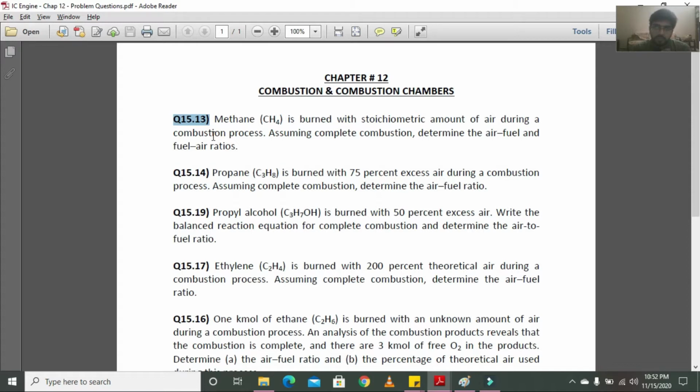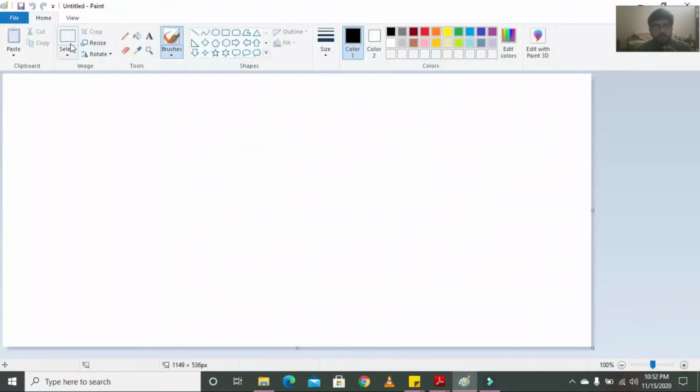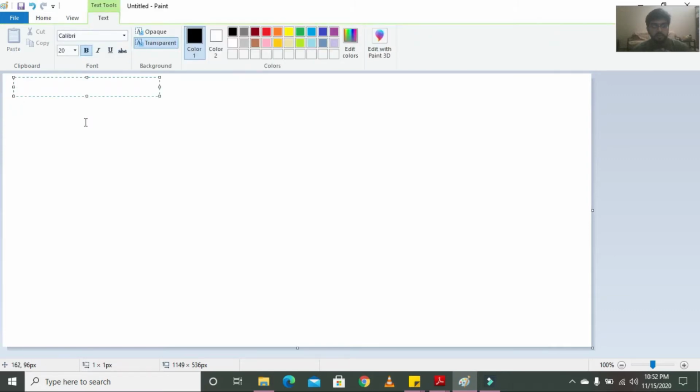Now, starting off with the first problem, here you can see that we have methane, and methane is burned with a stoichiometric amount of air during a combustion process. It means that if I write this equation, I have methane, and methane is added with oxygen.